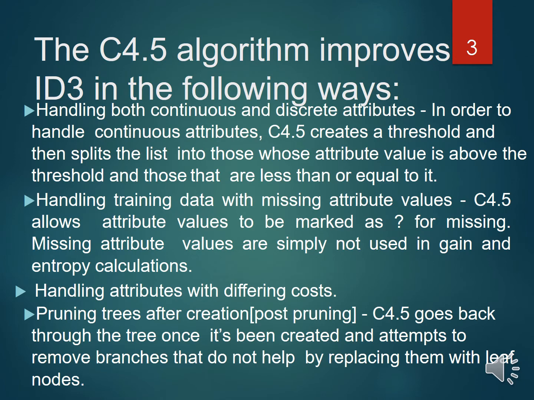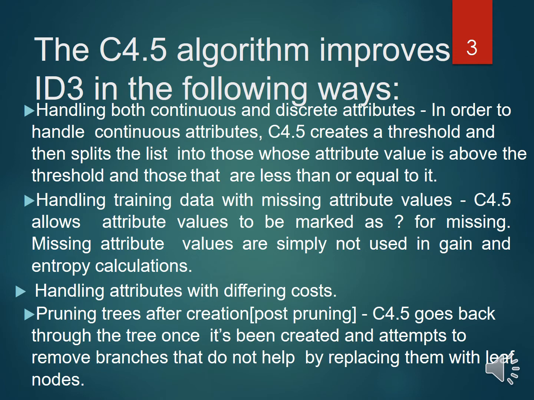To handle a continuous attribute, C4.5 creates a threshold value and splits the list into those whose attribute value is above the threshold and those that are less than or equal to it. So one which is above the threshold value will be on one side and one which is less than or equal to will be on the other side. This was not available in ID3. ID3 was handling only categorical attributes.